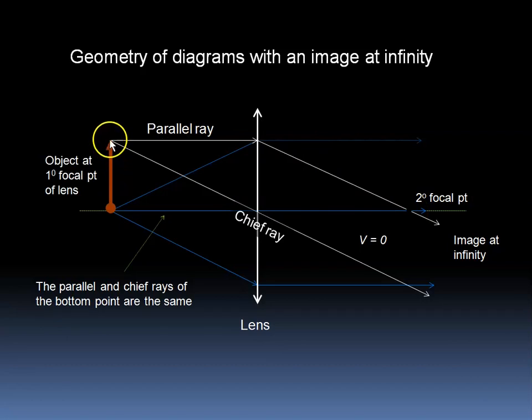The second important ray is the chief ray that connects the top of the object to the optical center of the lens. Note that these two image rays must be parallel to each other if they are to be non-vergent. In the case of the rays leaving the bottom point, the chief ray and parallel ray are one and the same.